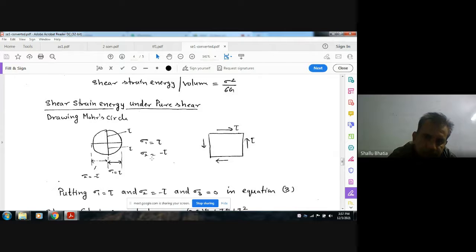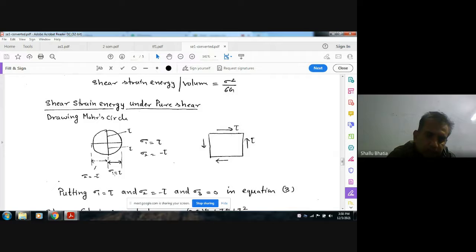This will be tau negative, it's anti-clockwise, and this is clockwise, so it will be this. This is the end point and this is the midpoint, taking it as center and this as radius, we can draw a circle, that is Mohr circle.